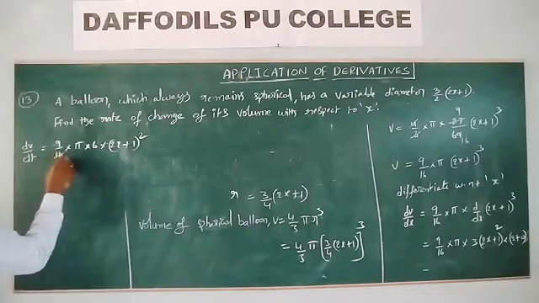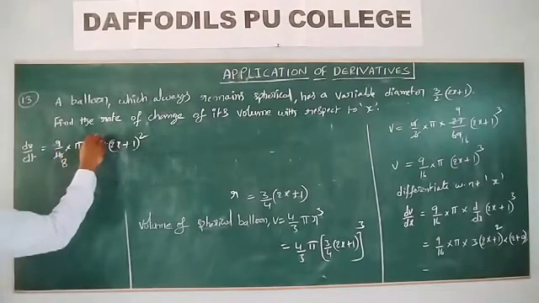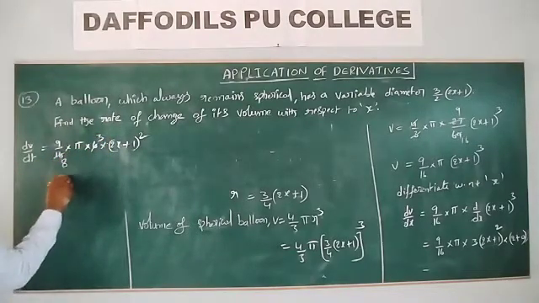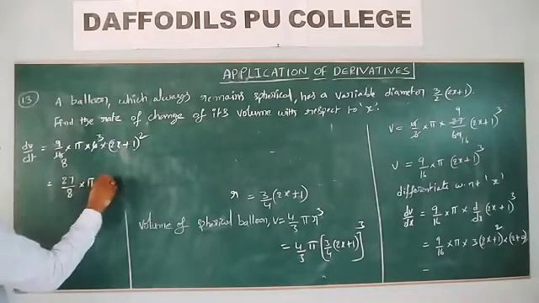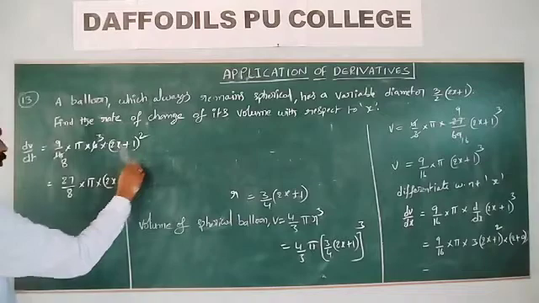So this is 2 eights, 2 threes. So finally 27 by 8 into pi into 2x plus 1 whole square.